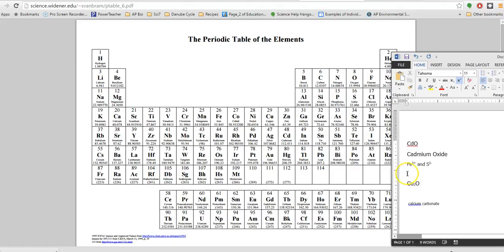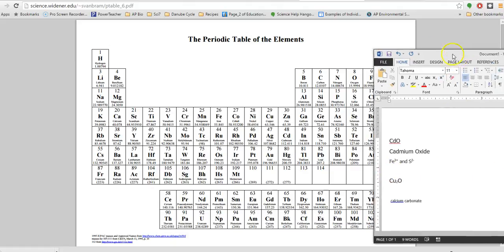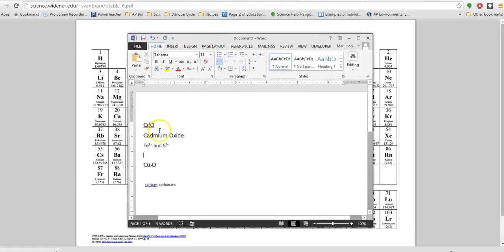All right, now the second one that you have issues with. You do the crisscross method pretty good, and then all of a sudden you forget how to do it. And so the crisscross method, you were given these 2 ions. And this one is Fe3+, that's the charge on the ion, and S2-.